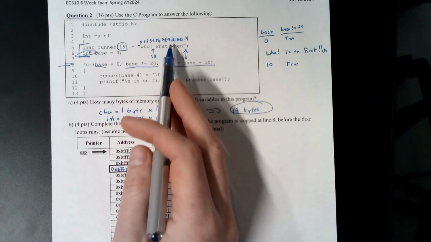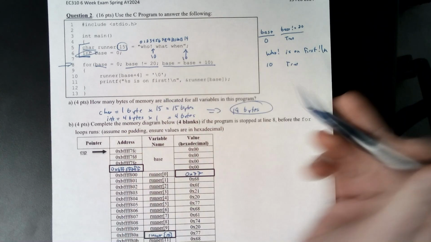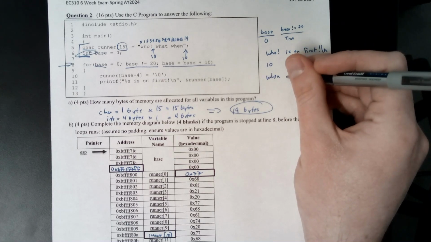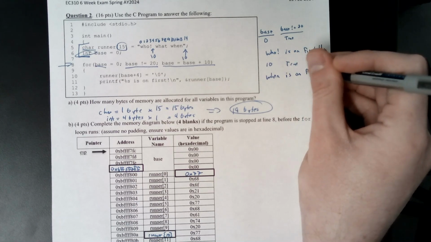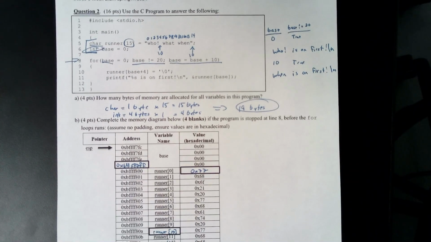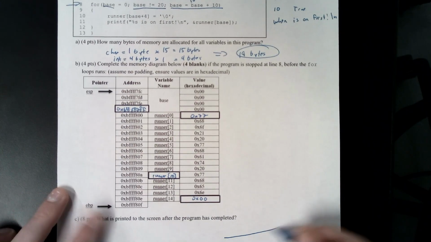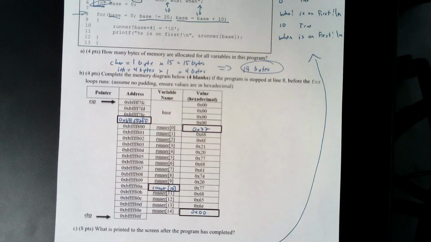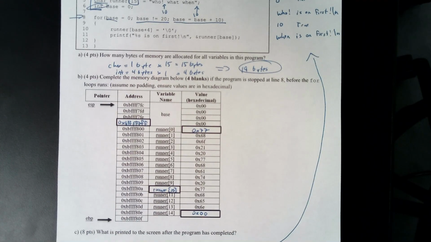So we go to 10, which is the first character of when. So we're going to say when, and then we hit the null, so we stop printing, is on first. And then again, \n. So that's our output for part C. Would just be the two printouts there, who is on first and when is on first. So that's it for question 2.